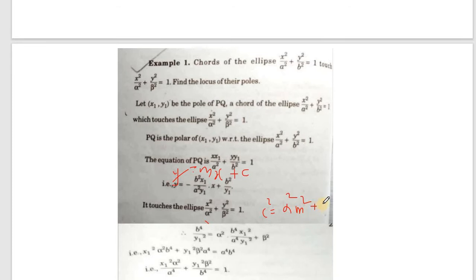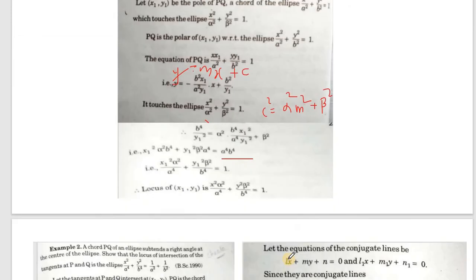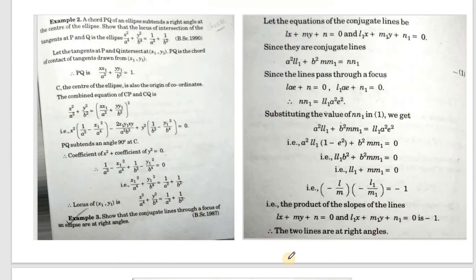Here in the place of a you have alpha, in the place of b you have beta. So this is the condition, and c is already known and beta square is known from this one. Then we have to divide, because in order to bring it to the standard form we are dividing throughout by this. By dropping the suffix you get the locus.